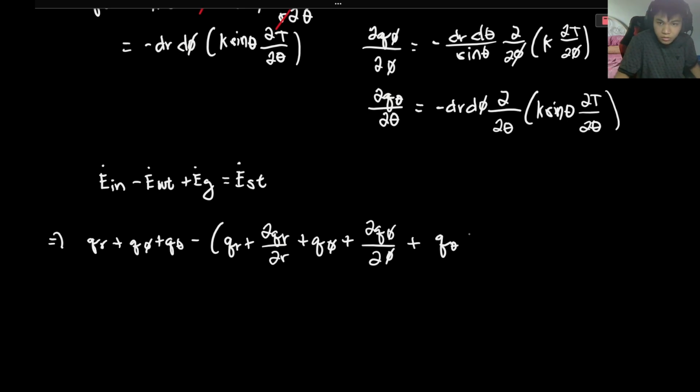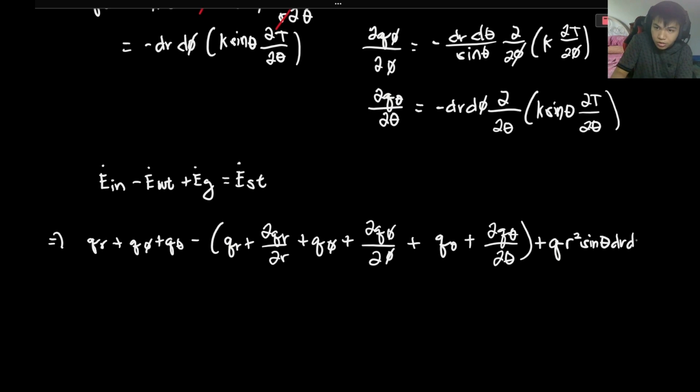Q theta, and then our energy generated, that would be Q, and then let's put our volume. So that is r squared sine theta dr d phi d theta, and then below.